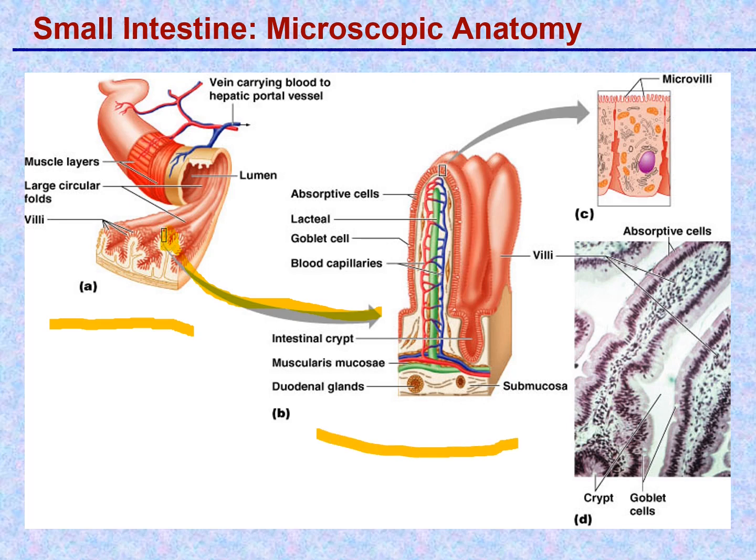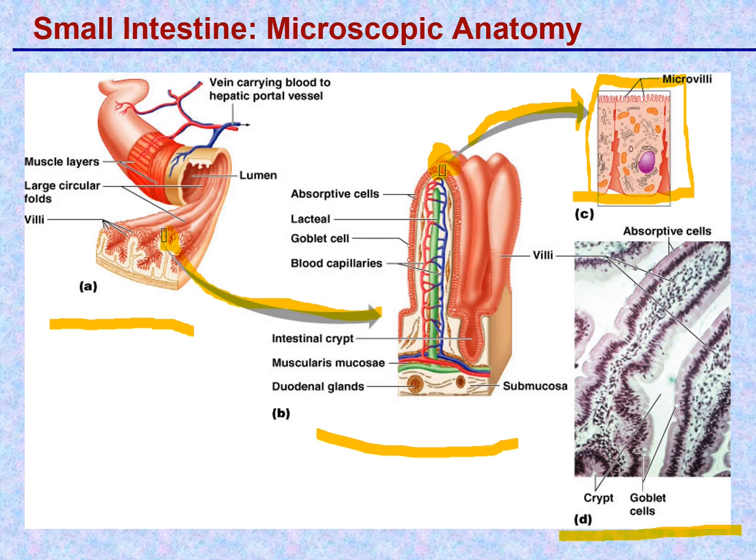And then this is a further magnification so that you have just this small area here being magnified in this diagram, and they're actually just showing one cell and just a bit of the next cell over. This, of course, is a photomicrograph taken with a microscope to show you the actual appearance of the villi.